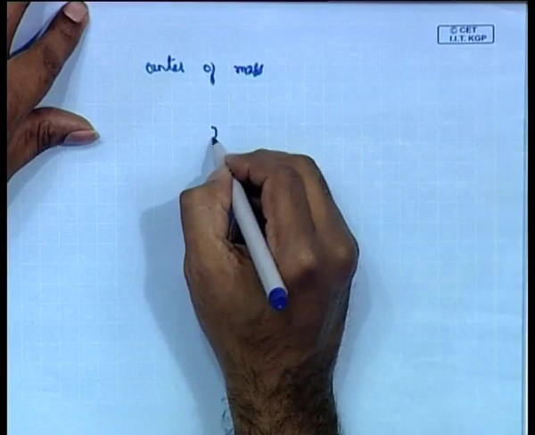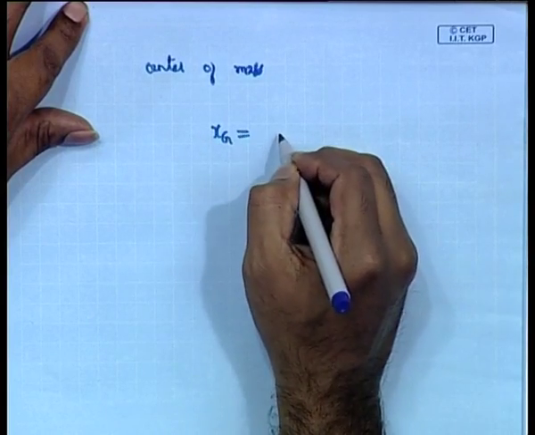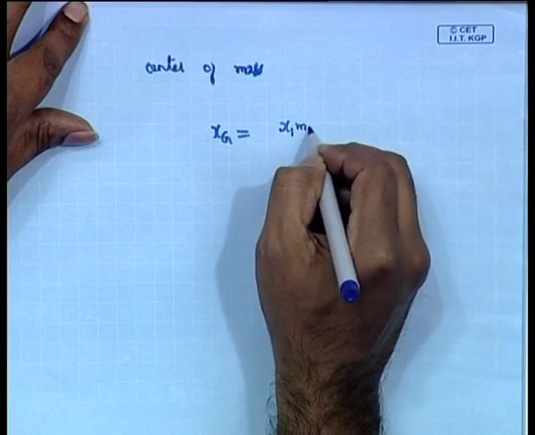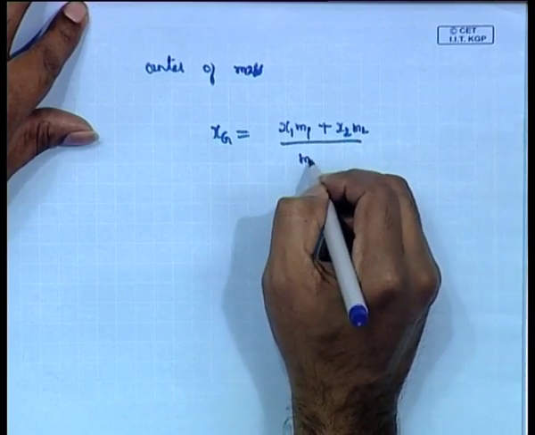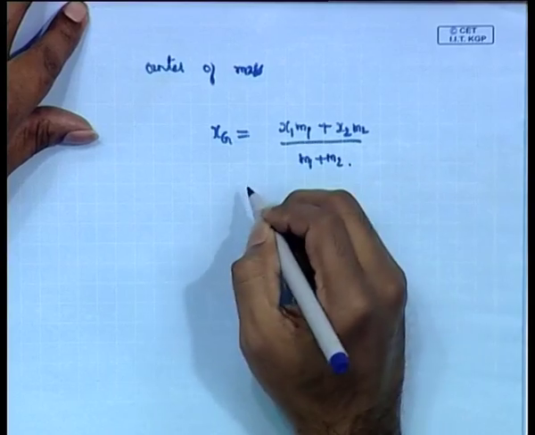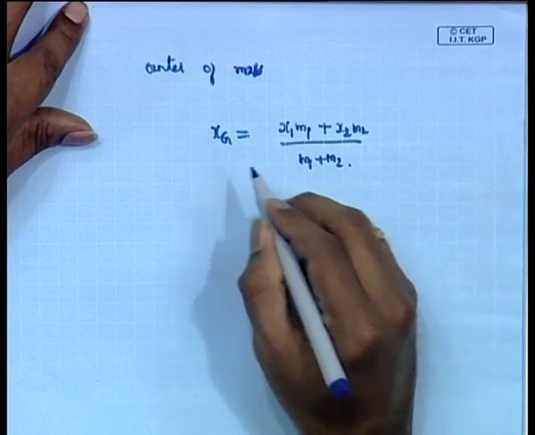Now we know that the center of gravity of a body, if there are two bodies, is given by x1 m1 plus x2 m2 divided by m1 plus m2. This is the position of the center of gravity of the body, xg.